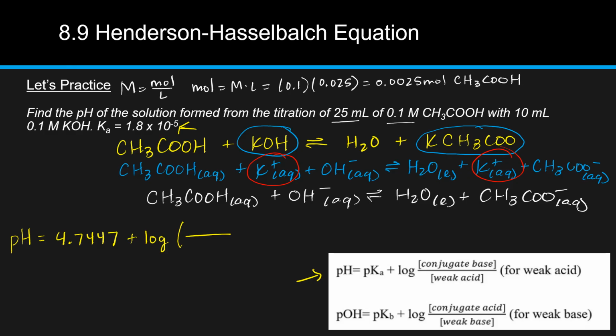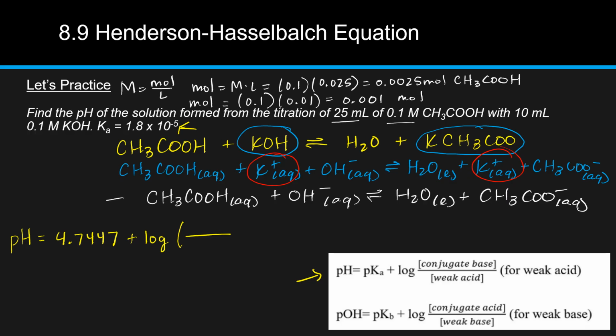And then doing the same thing for my potassium hydroxide, I'm going to get moles of that. So I want to multiply my concentration 0.1 times my volume, which is 10 milliliters. So that's going to be 0.01. And that's going to give me 0.001 moles of potassium hydroxide.